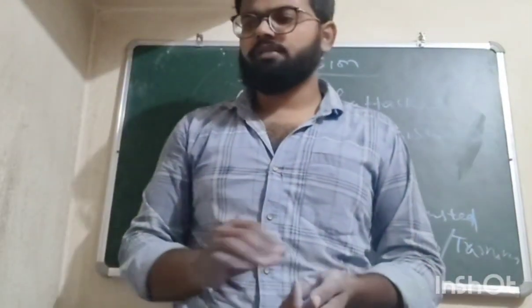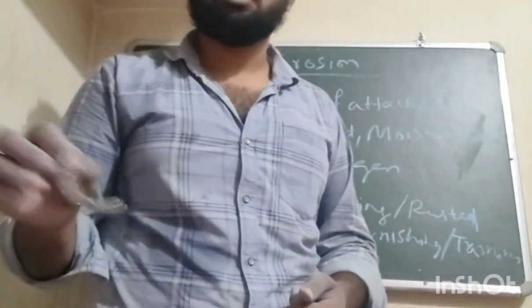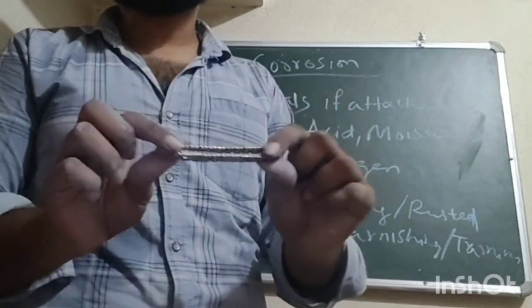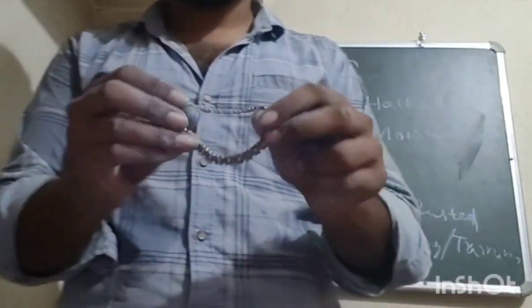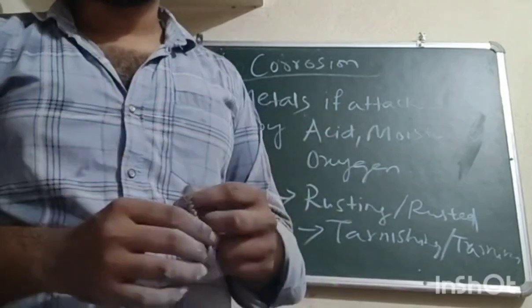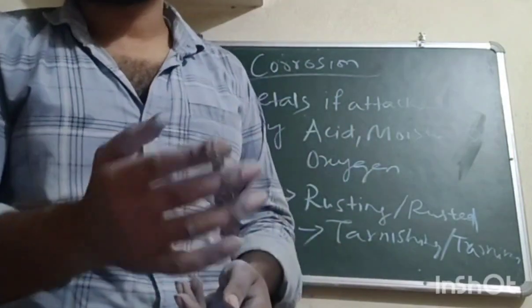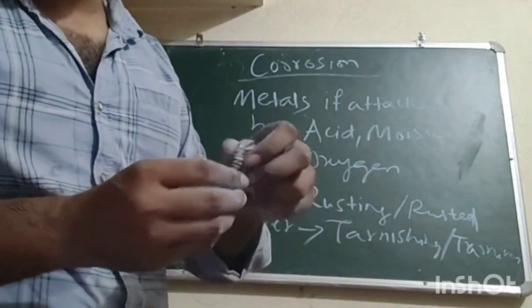For example, I have a silver jewelry here. Okay, it looks so much dull, right? Why? You should not say that corrosion has occurred in its layers. No, you will say that this silver ornament has been tarnished. It used to be very much shiny.